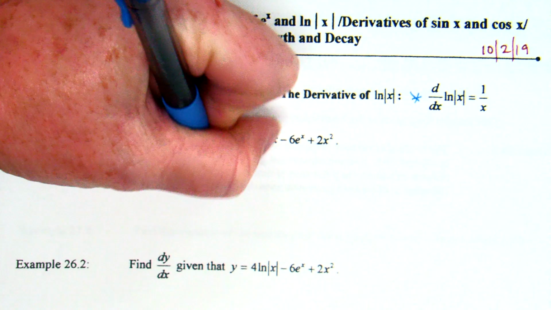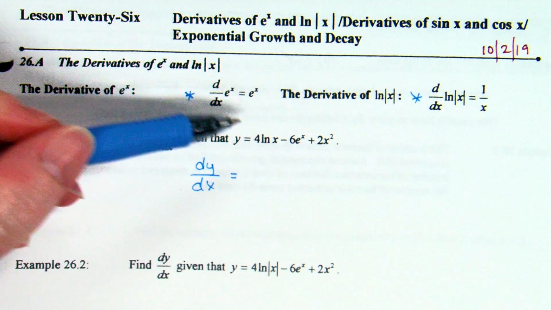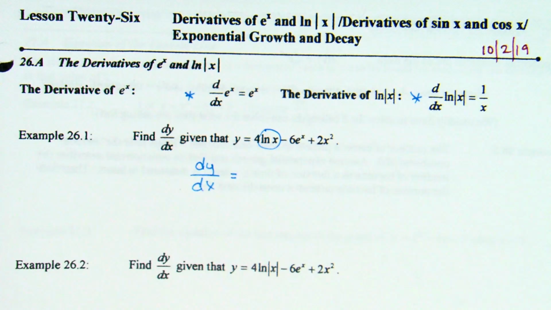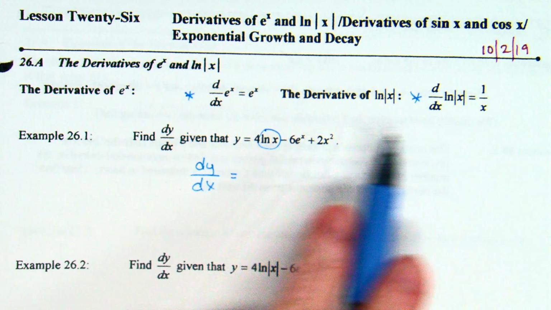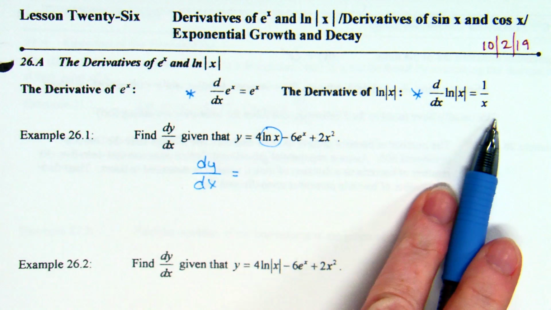The derivative of 4 ln x. Did we just learn a rule for the derivative of ln x? Yep, we did. What is the derivative of the natural log of x? 1 over x. Whether they have the absolute value there or not, you still say 1 over x.